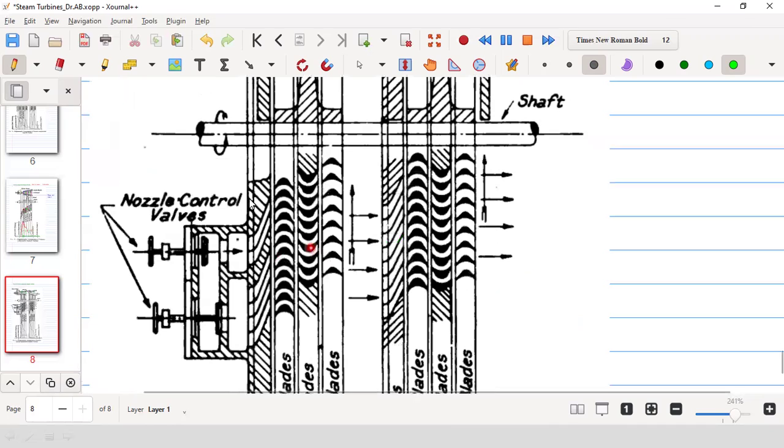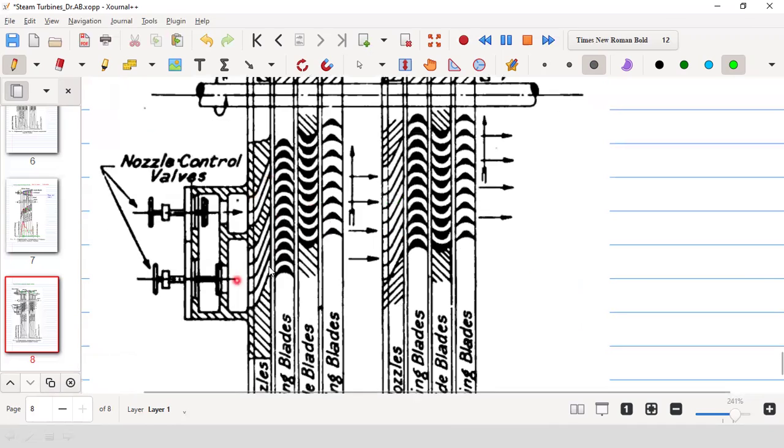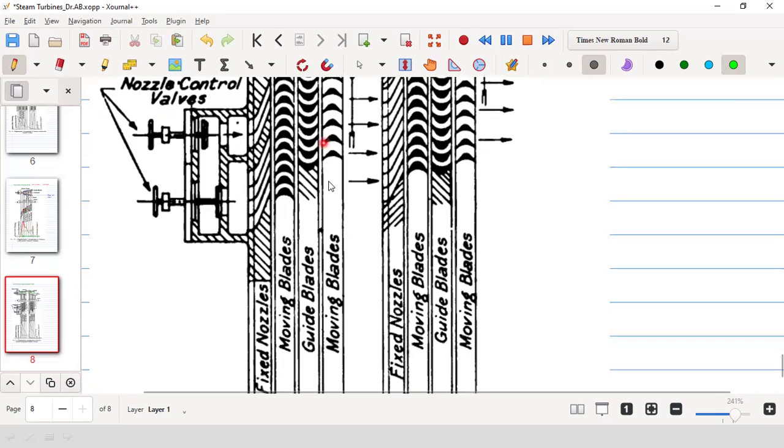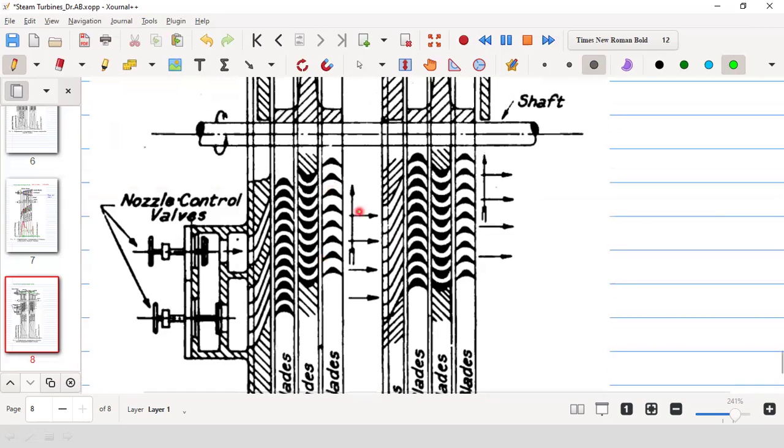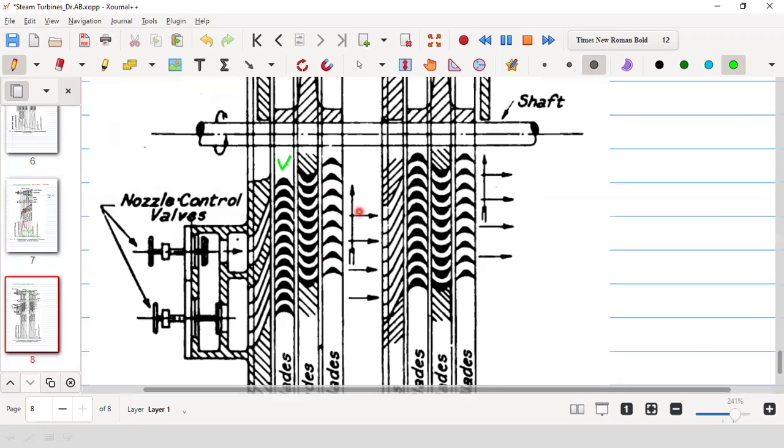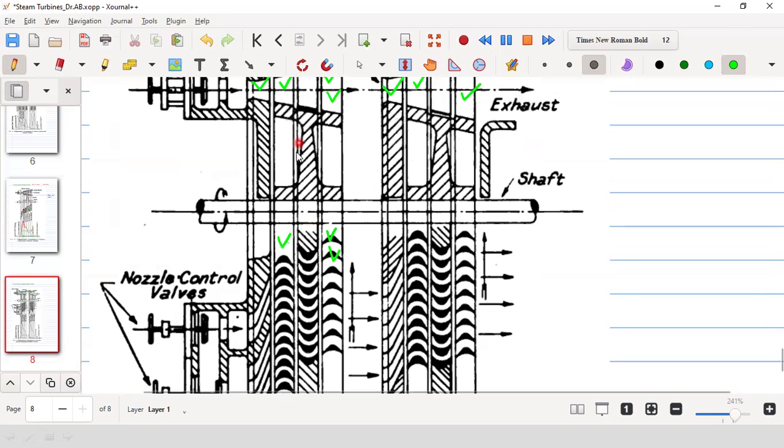So you see that there is a nozzle here, and then it is the moving blade. This is the moving blade. Then there is a set of guide blades, the guide blade, and again moving blade. So these two moving blades together comprise the two-row wheel. So this wheel has two rows of blades.